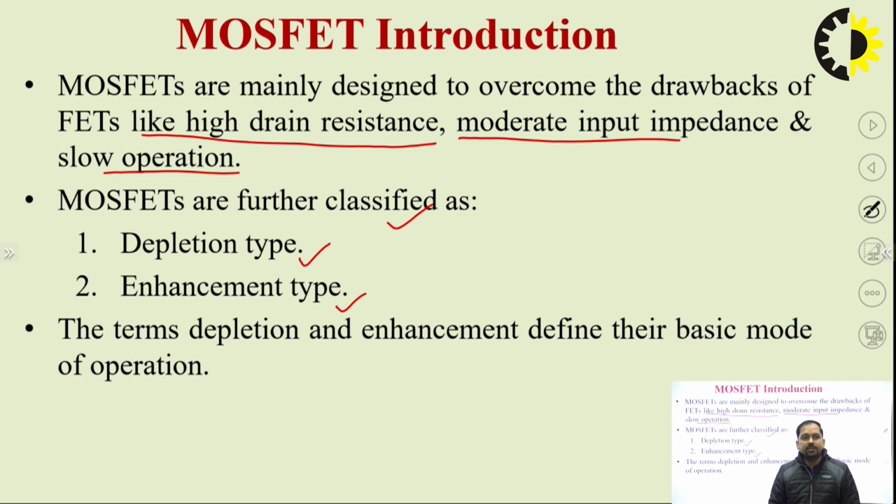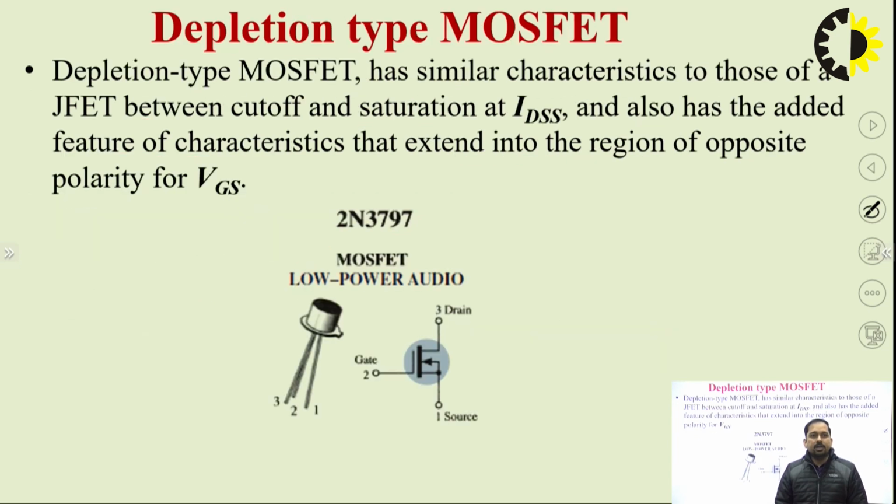This is the major difference between the two. In this lecture, we'll mainly focus on the depletion type MOSFET. First we will see how a depletion type MOSFET is constructed. After that we will see the working and the characteristics, that is, the current versus voltage relationships of the MOSFET.